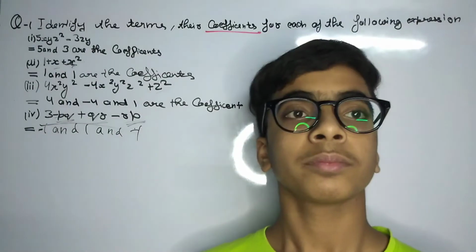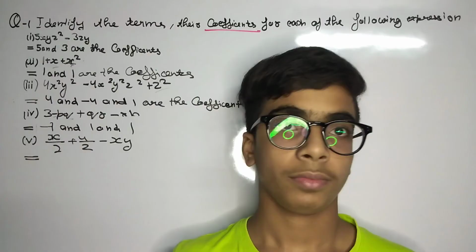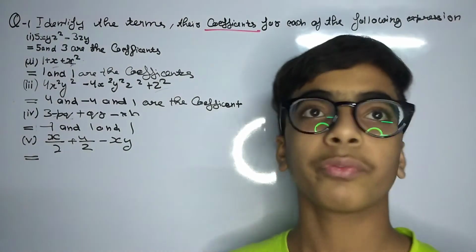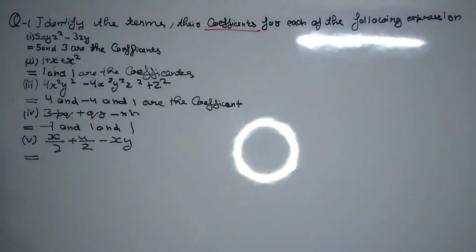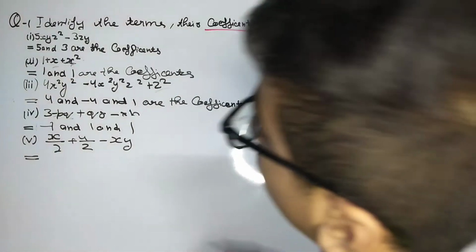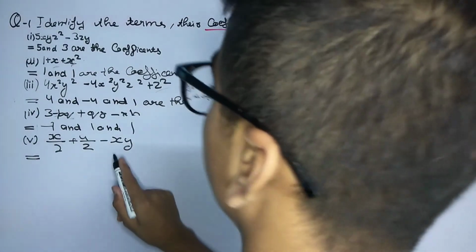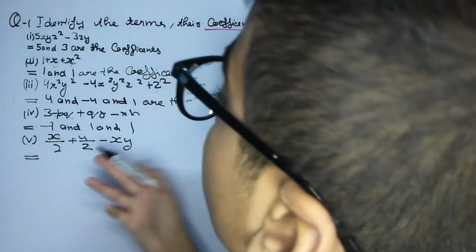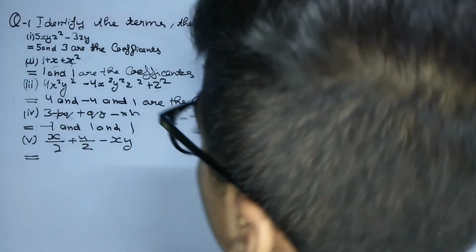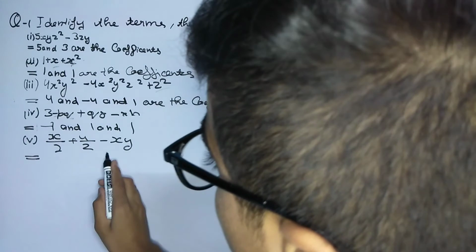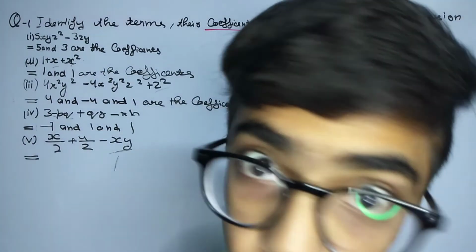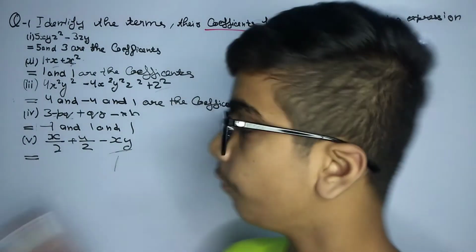Meet you in the next part. Here comes the fifth part. So let's start. In this, again we got a variable which does not have any coefficient ahead of it, so again we will give it 1. For this x we will get 1 because x is singular and we got only x.